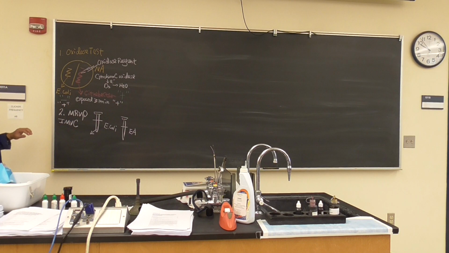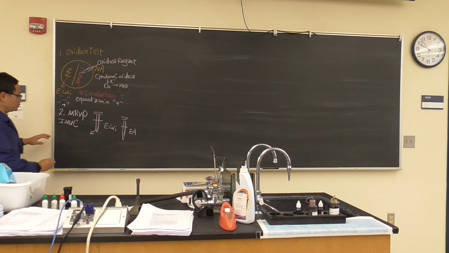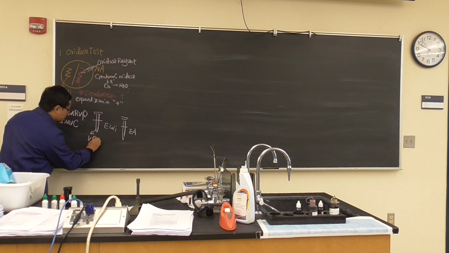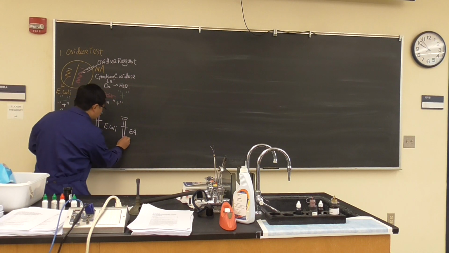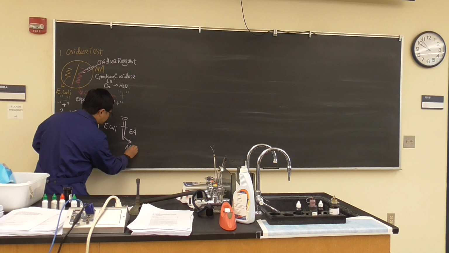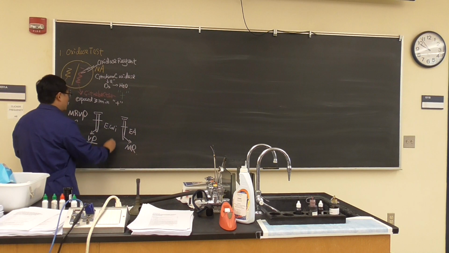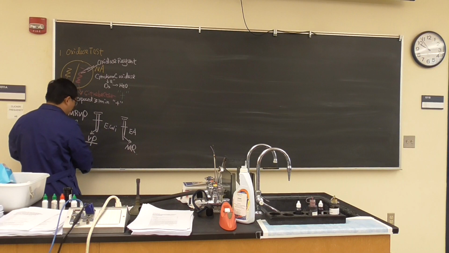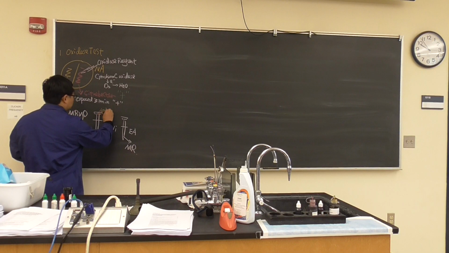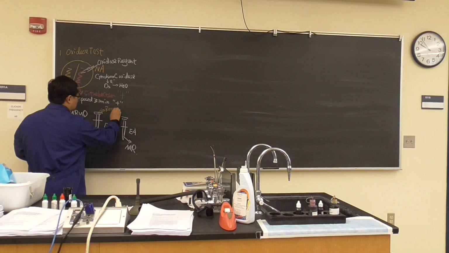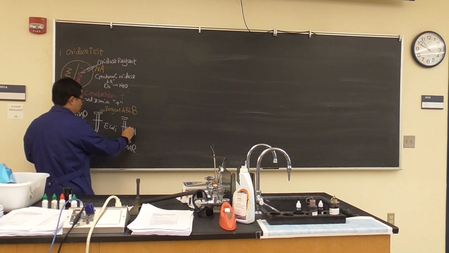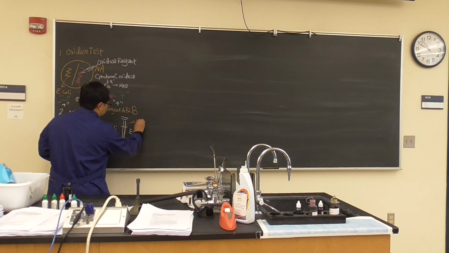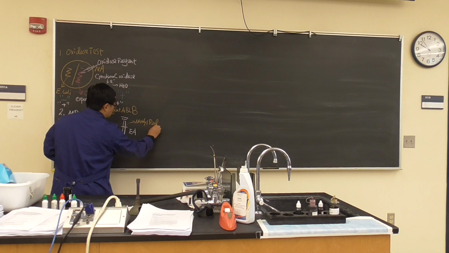So for E. coli, it should be the VP test. Let's get a tube of VP of E. coli, and then get a tube of methyl red, which is MR. And we're going to add reagents A and B, and this is going to add the methyl red reagent.